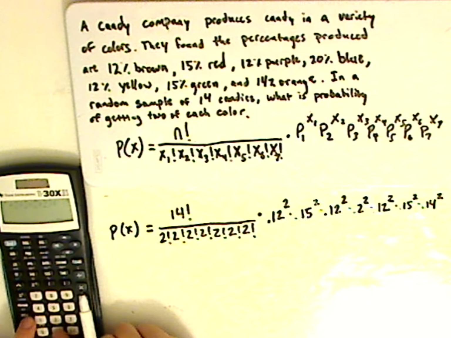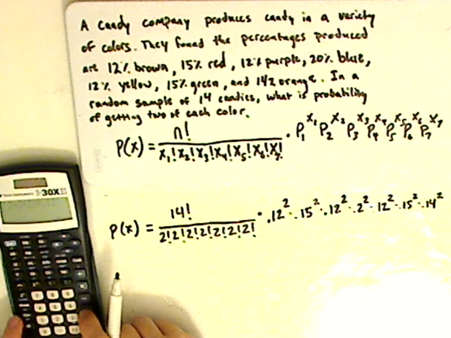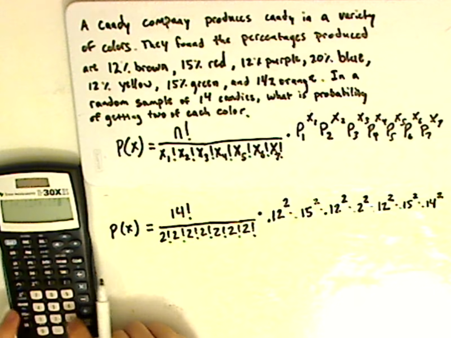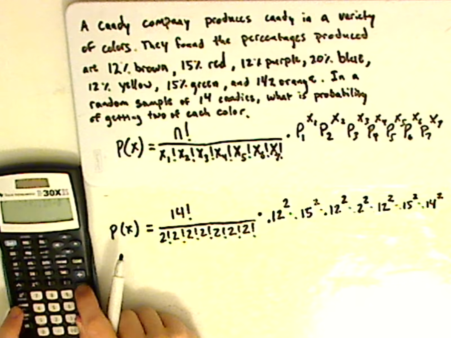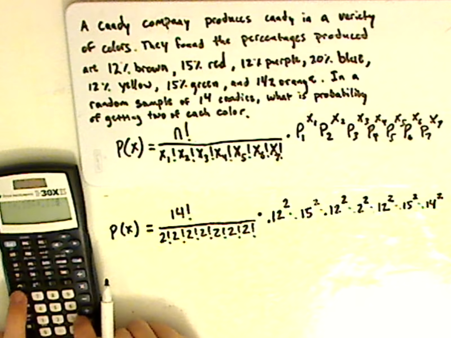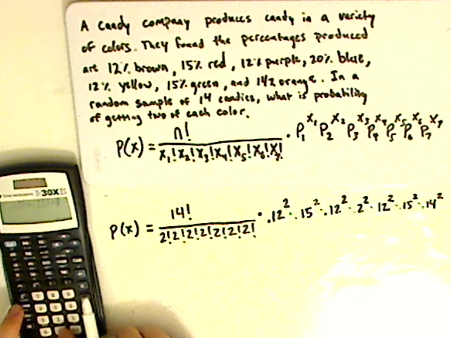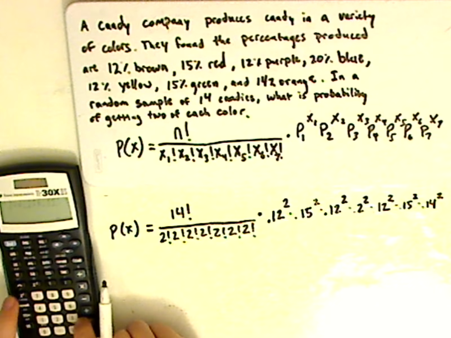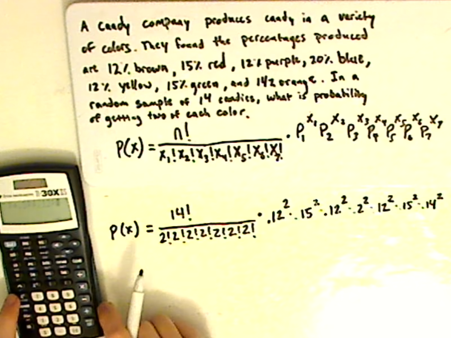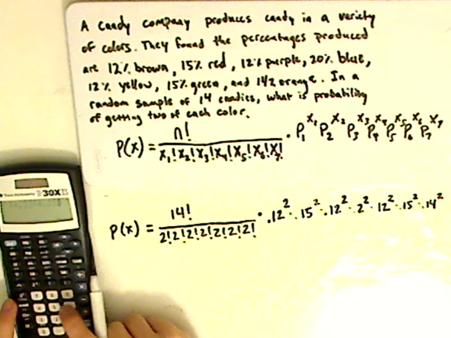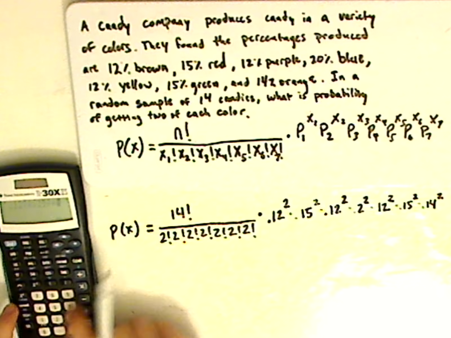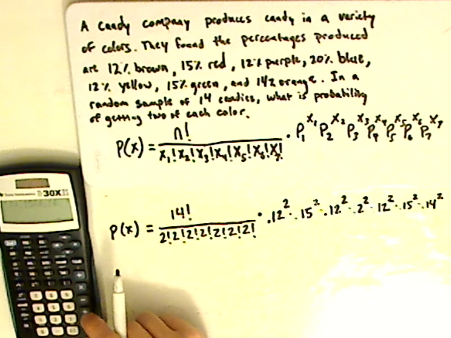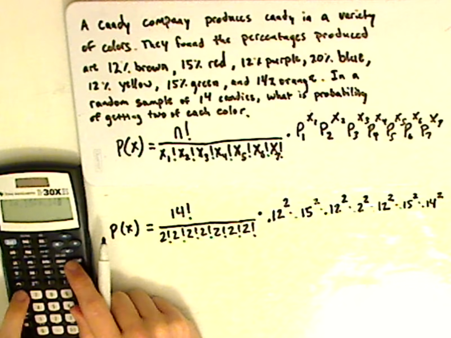Now I'm going to type this in. So times 0.12, and I can just square it, times 0.15 squared times 0.12 squared times 0.2 squared times 0.12 squared times 0.15 squared times 0.14 squared.